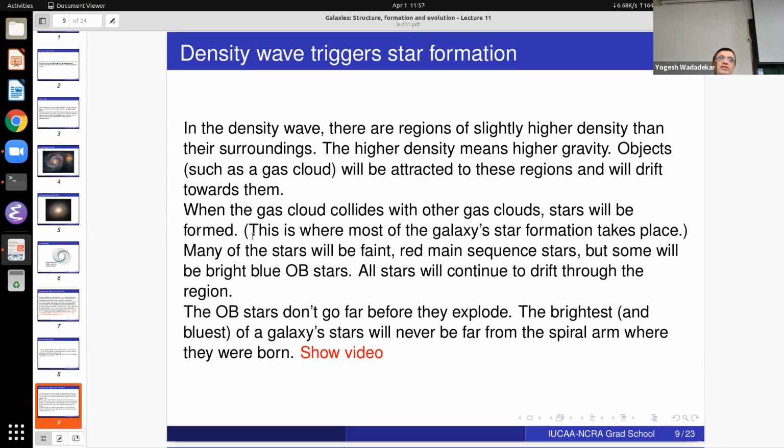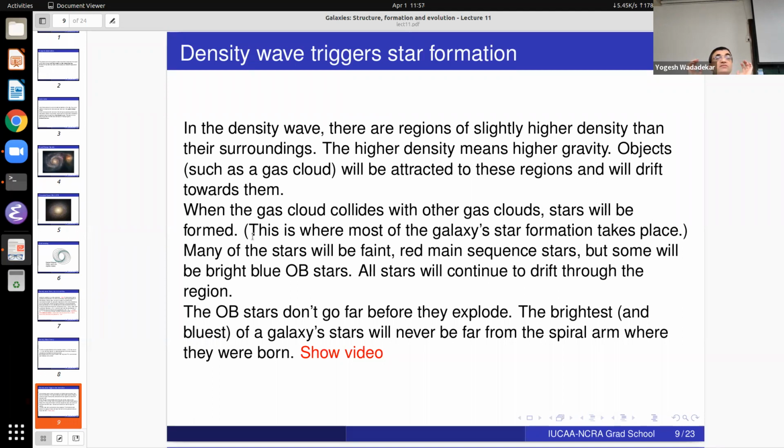And within that, you have these stars, which are feeling the overall potential of the disk, and they are moving accordingly. Why spiral structure is formed in the first place, we'll come to that.